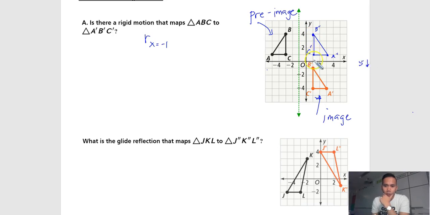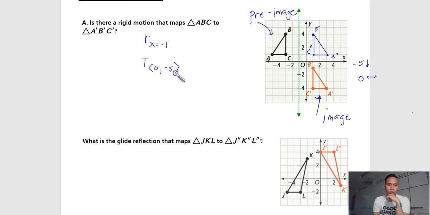And then C, 1, 2, 3, 4, 5. Also 5 down, so it's -5. Does it move from left to right? No. There is no movement from left to right, so it will be 0. So it translates with x being 0, and then -5.